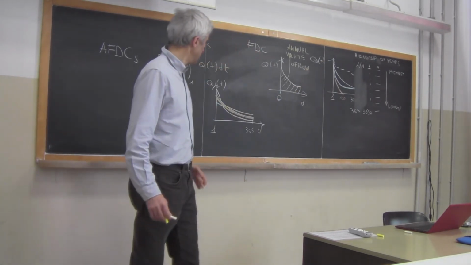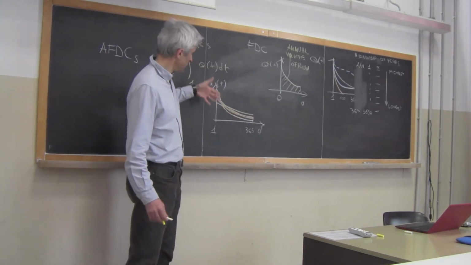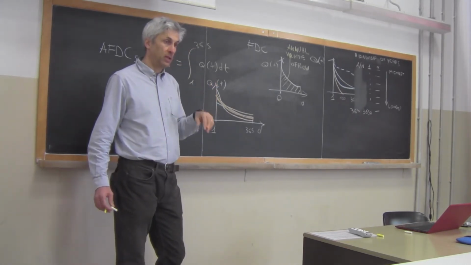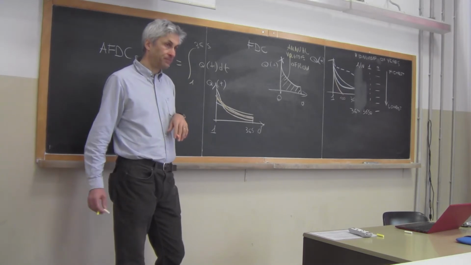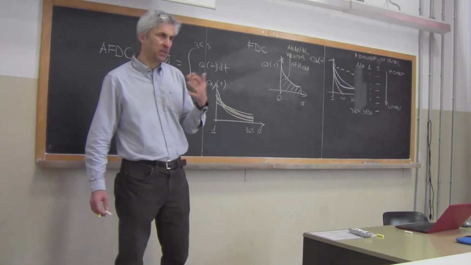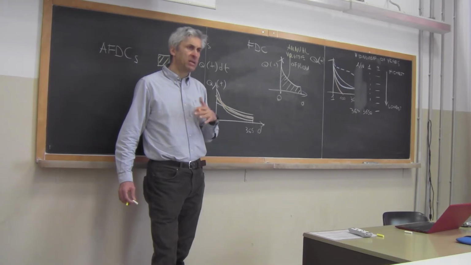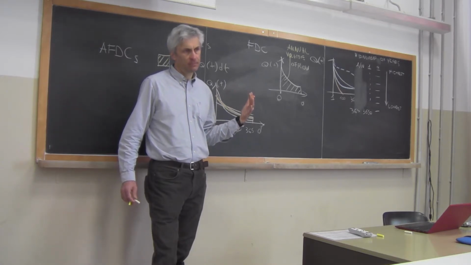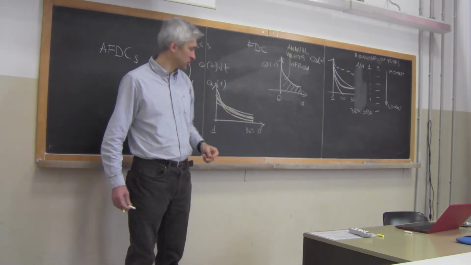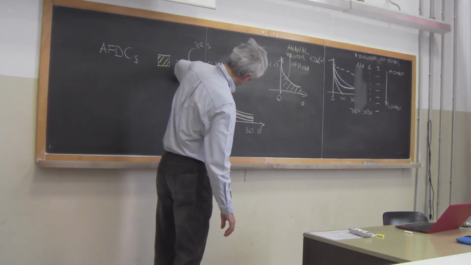Good. But then I estimated not only the average, I have an estimation also of the variability around the average, which is what I'm looking for. An indication that you can give to the customer is, for instance, 80% of the time, the flow duration curve is comprised in a given interval. So you estimate an interval, which is something like this.